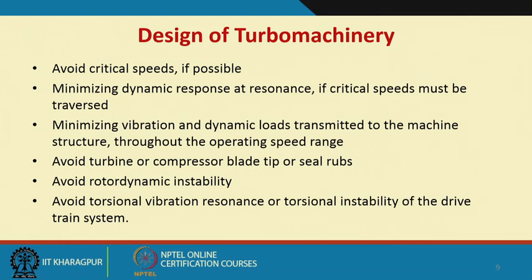When you go up to high speeds, there will be many critical speeds, so these have to be traversed, while minimizing vibration and dynamic loads transmitted to the machine structure through the entire operating speed range.